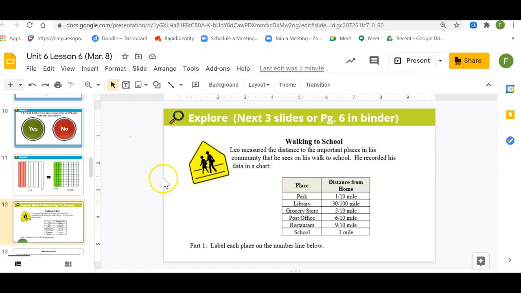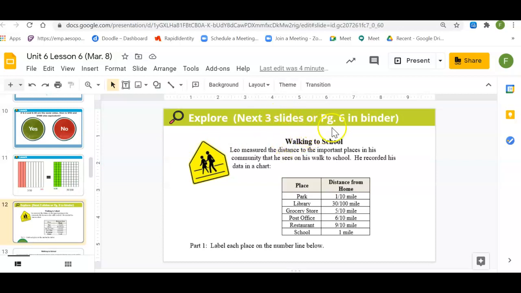All right, so moving on to our next slide. Now, for our next slide activity, walking to school, you're going to have 2 choices on how to complete this. One of them is going to be to complete page number 6 in your math binder, or you can complete it on the next 3 slides.